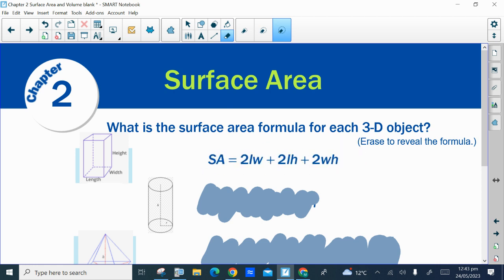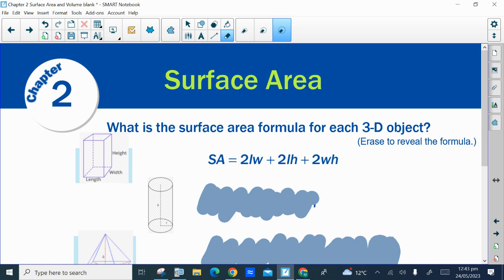So if we erase what's covered up, we can see what the formula is. The first term is twice length times width. Well, length times width will give you the area of the bottom of the prism. But there's a top piece that is identical. That's why it's 2 times length times width.